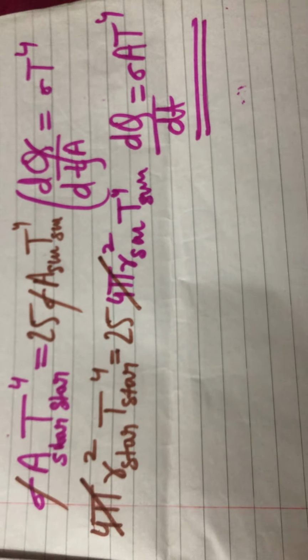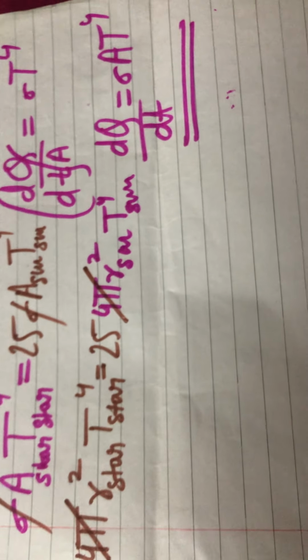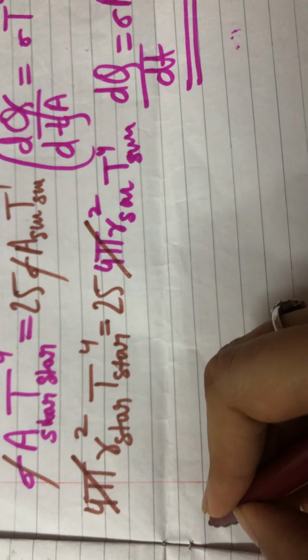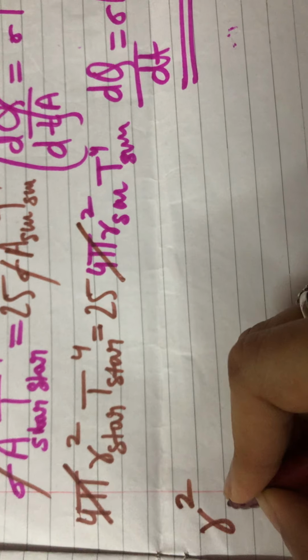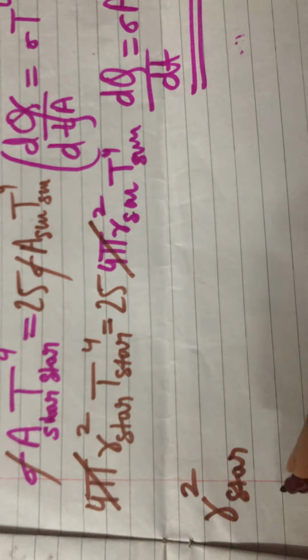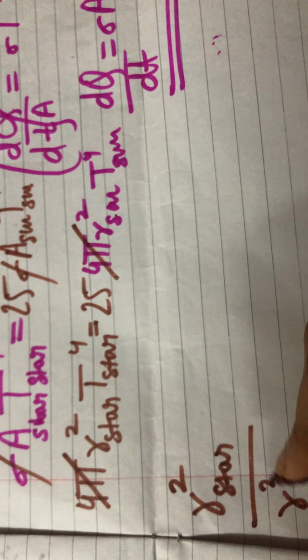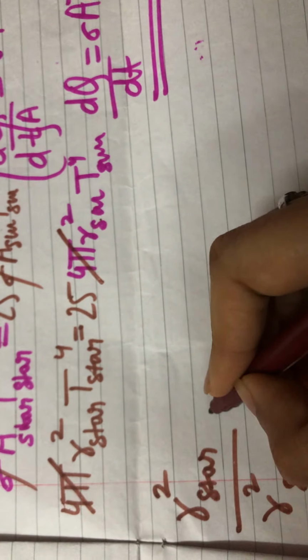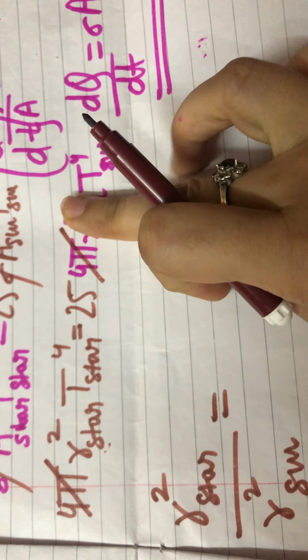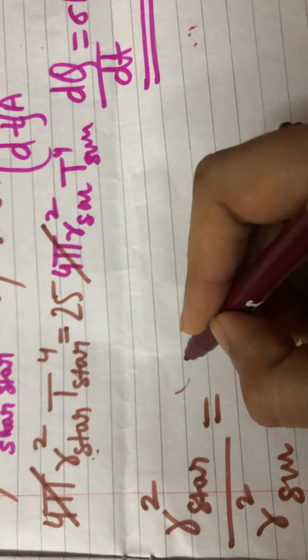Okay. Now what will be the next step for us? That will be r square, that is radius of star, and let's take this in the denominator. Radius of sun is equal to, this has come in the denominator, so what remains over here?